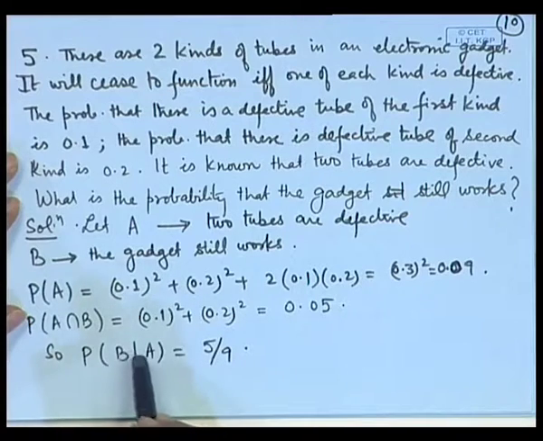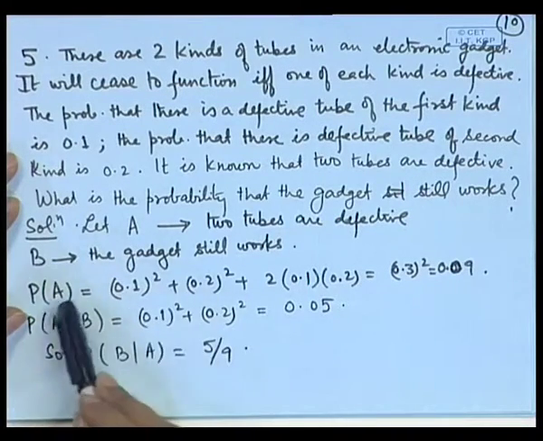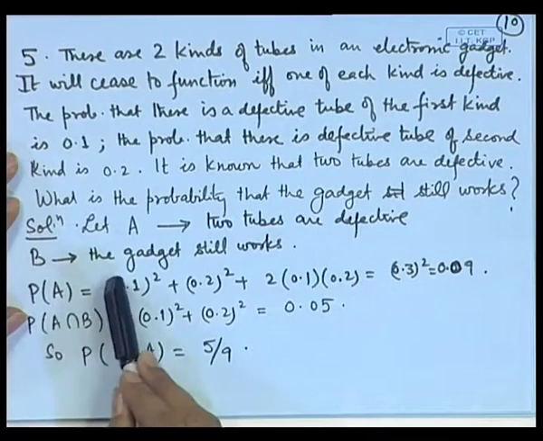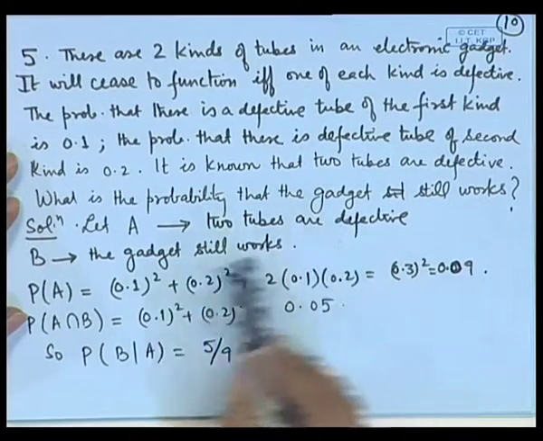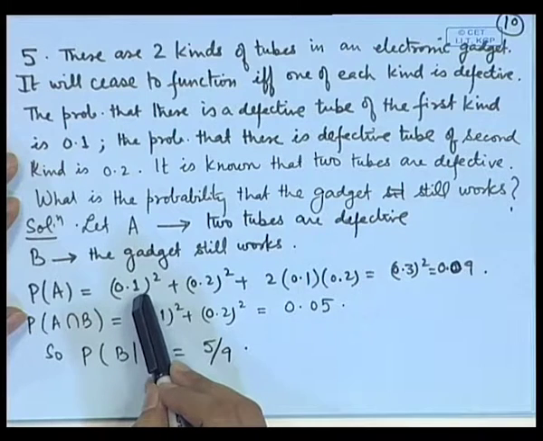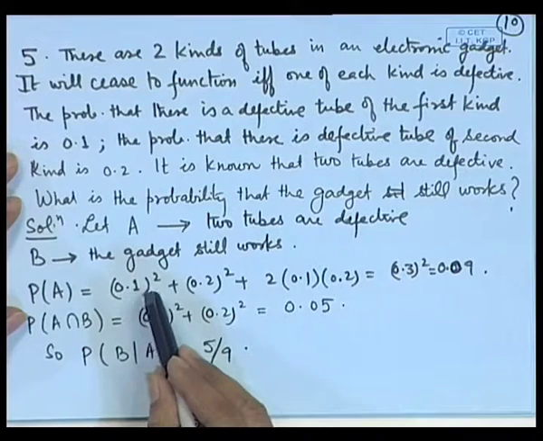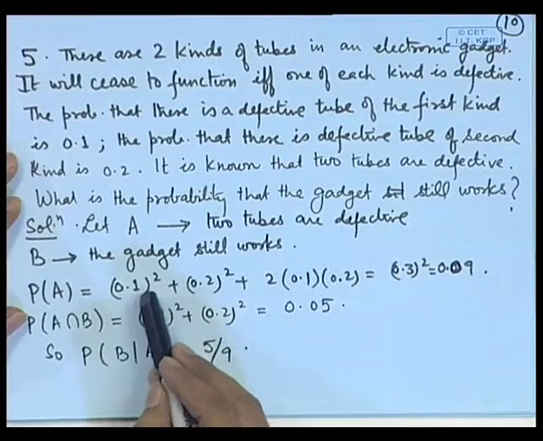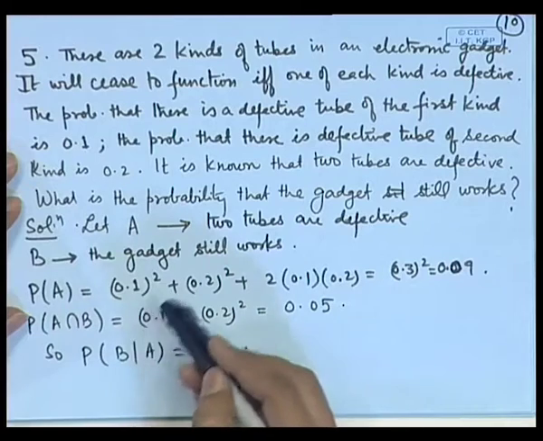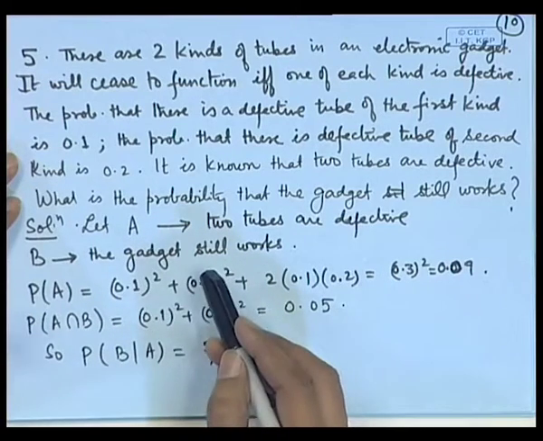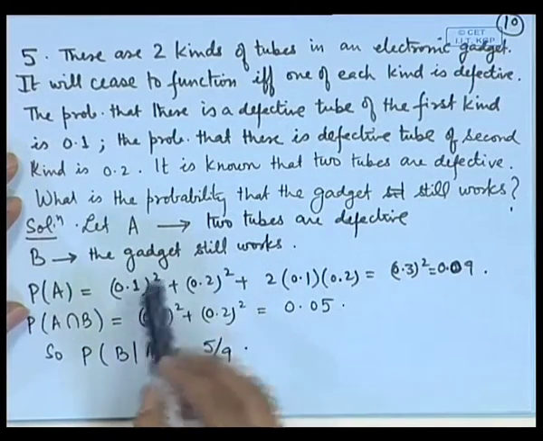So, we need to look at the probability of A intersection B and probability of A. So, probability of A, that the two tubes are defective. Here we can have 4 different possibilities, and here we will make use of the independence of the individual tubes. That means, we assume that each tube fails or works independently of the other tubes.